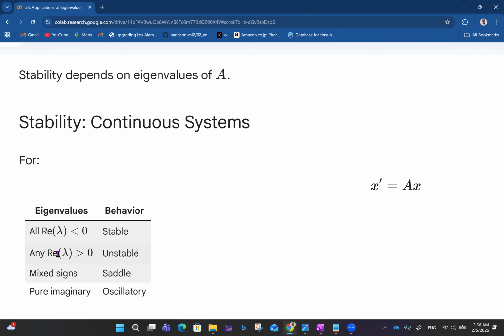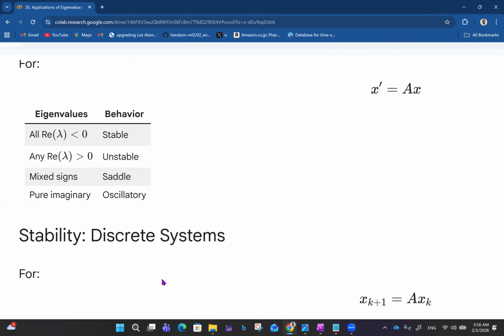If any of the real components of the eigenvalues is greater than 0, then there'll be instability, because even if another one is decaying, it will still be unstable. If you have mixed signs, that'll be a saddle. If you have imaginary numbers, there'll be an oscillation, maybe some kind of damped oscillation. You can have a sink, a source, and all of these kinds of things, even in oscillation.